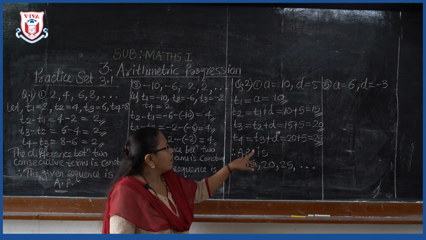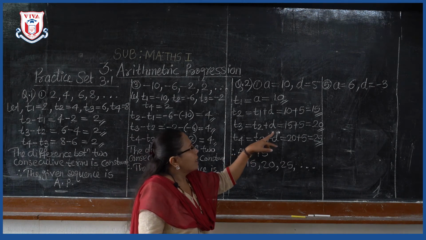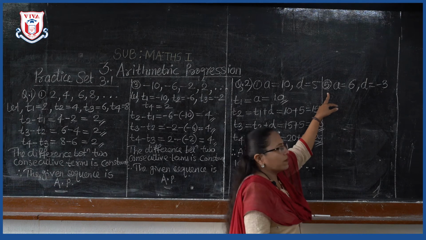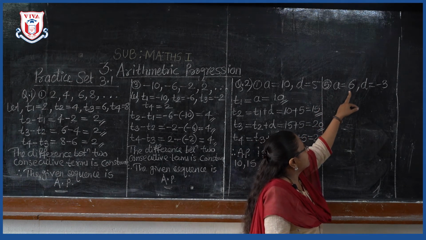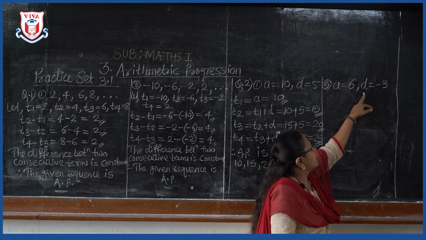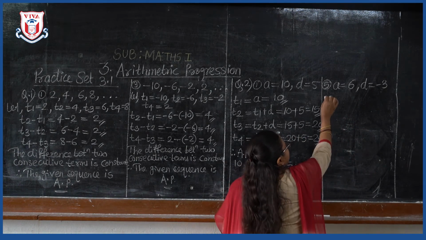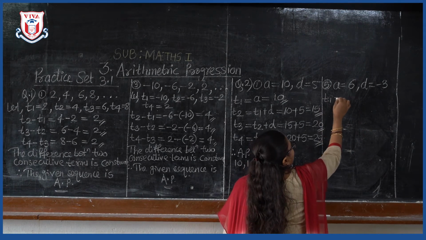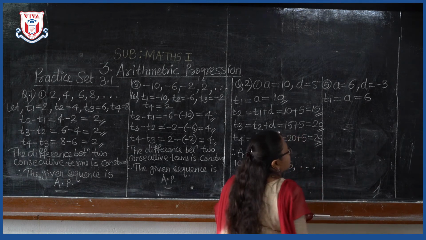Followed? One more example we will see from question number 2. Example number 5. First term A is 6 and common difference D is minus 3. So first term T1 is equal to A, which is given 6.